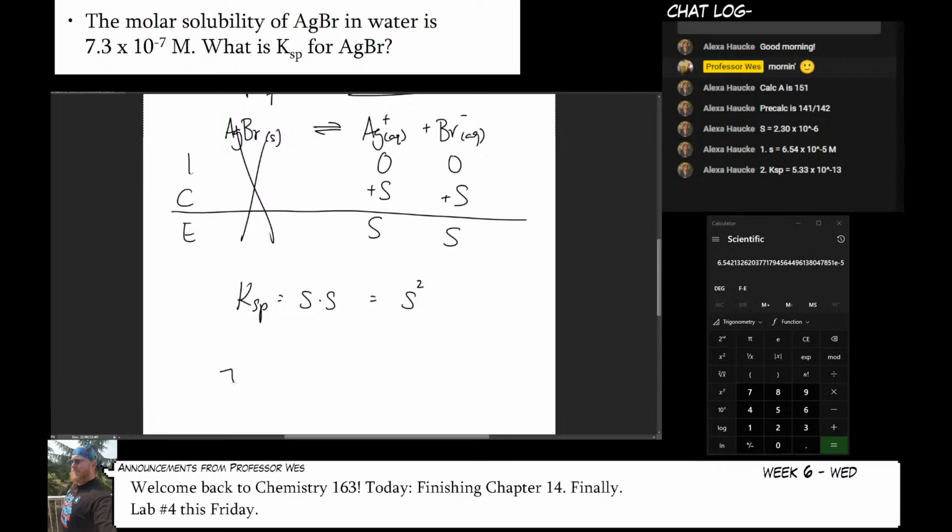So square root of KSP would be S. Oh, wait, hold on. That's not what we want. We want to just solve for KSP, because I gave you S. So that's going to be 7.3 times 10 to the minus 7, squared. And so that will be our KSP.